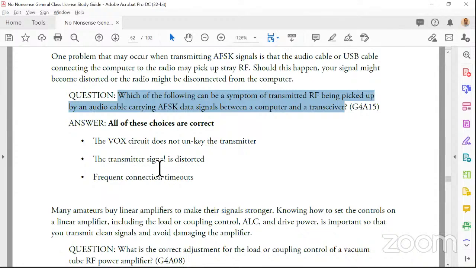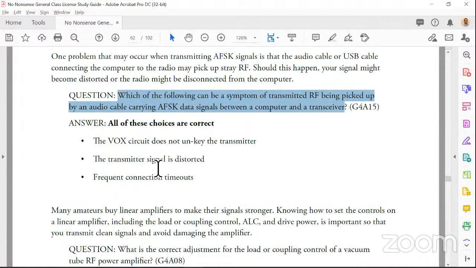Well, all of the following choices are correct. The VOX, voice-operated circuit, does not unkey the transmitter, meaning that RF is coming in to the signal and it keeps the radio keyed up or in transmit mode. That is one of the symptoms when you have stray RF coming in to your audio cable. Also, the transmitter signal becomes distorted.